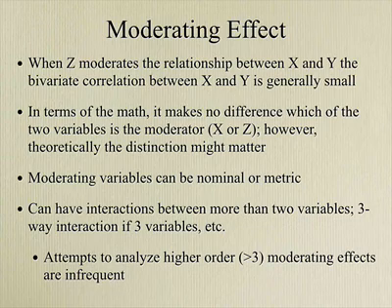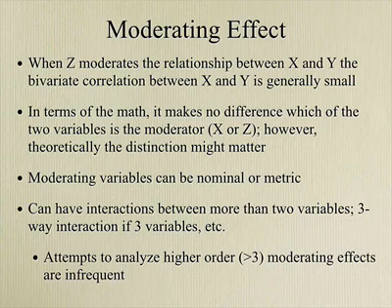So the nomenclature that we typically use is that Z is the moderator variable, X on the horizontal axis of a two-dimensional plane is generally used to denote the independent variable, and Y on the vertical axis is the dependent variable.